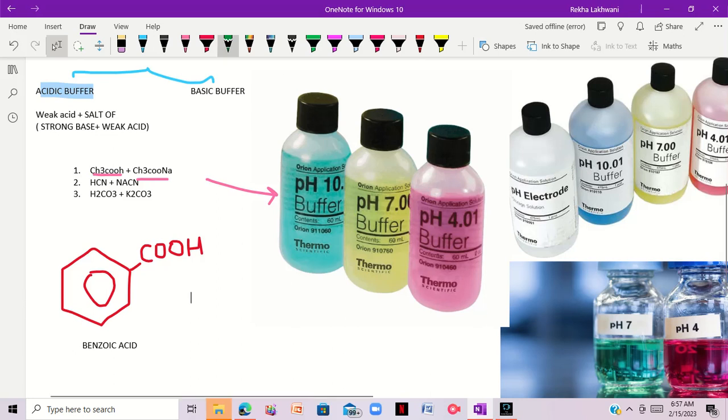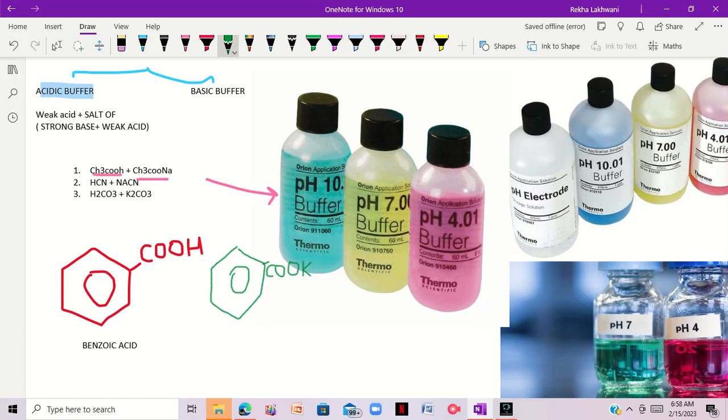Let me draw it. The salt will have COO on the ring, and the name of the salt is potassium benzoate.